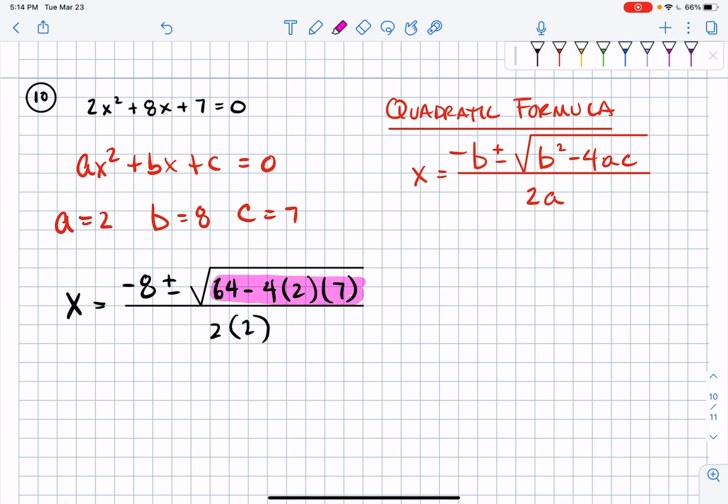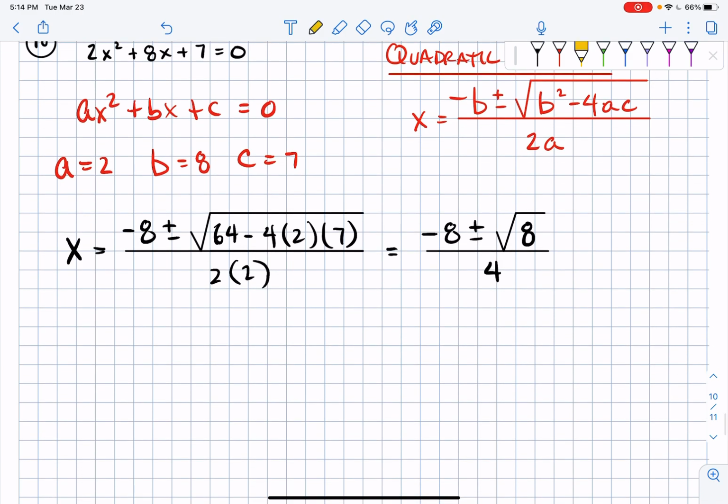So let's try that. 64 minus 4 times 2 times 7. Okay. So this is going to give me negative 8 plus or minus the square root of 8 all over 4. I can simplify 8 because 8 is what?